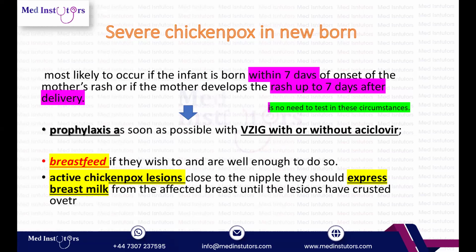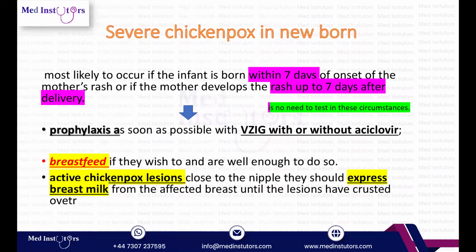On the other side, mother gets better, and she could develop antibodies which can protect the baby as well. So if this condition occurs, straight away give the baby prophylaxis as soon as possible with these immunoglobulins, with or without acyclovir. And definitely it should be done in the presence of and in consultation with neonatologists.